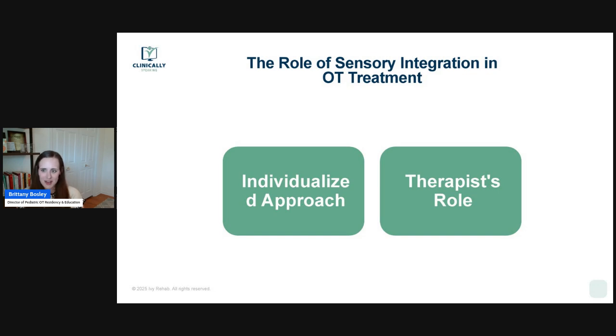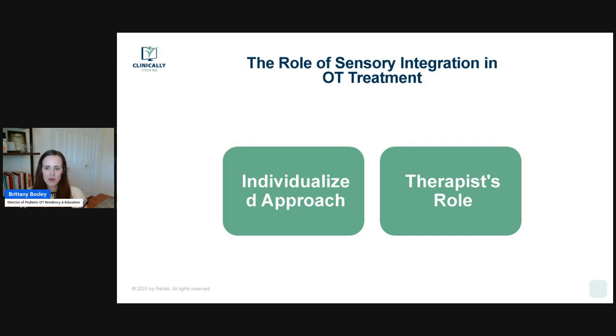You have the individualized approach, tailoring sensory activities based on the child's needs, sensory preferences, and goals. And then the therapist's role is to create a sensory-rich environment that promotes appropriate sensory input and motor planning, and to provide opportunities for adaptive responses, which are strategies to help the child respond to sensory challenges on their own.